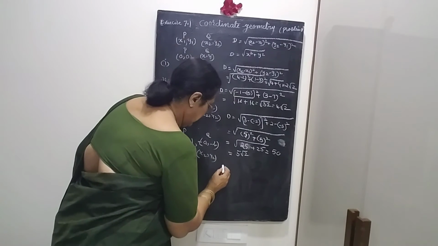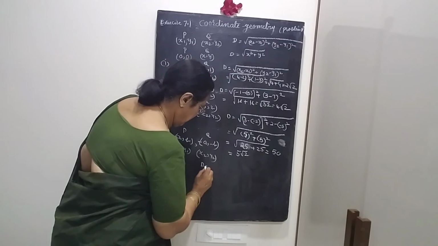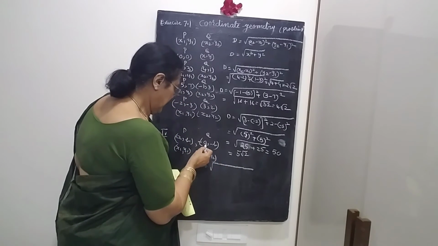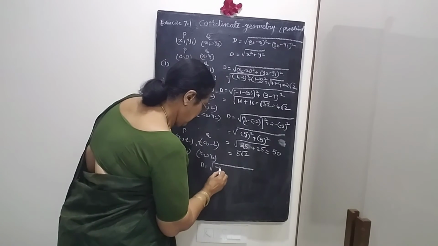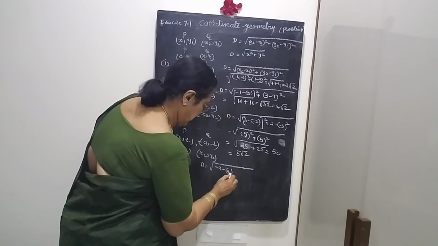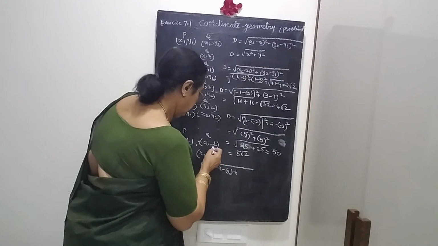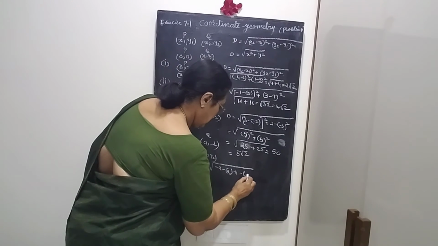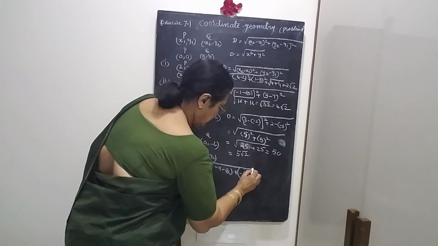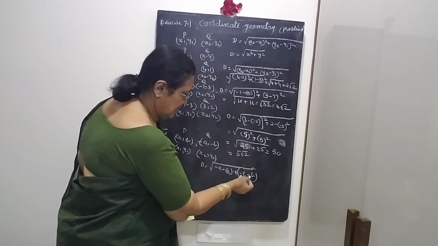So the distance will be equal to root of (x2 minus x1), that is minus A minus A, minus of minus A, plus minus B minus B. Because this is minus B, minus B.